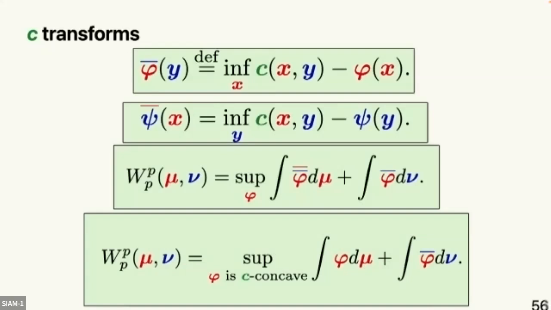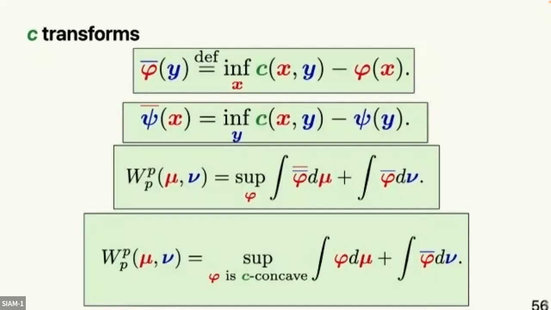Now, I'm going to be a bit fast here, but I would like to give you the gist of this. Given a cost function C, what can I say about C concave functions in general? Now that I can restrict myself to C concave functions, is there anything useful that I can say about them?